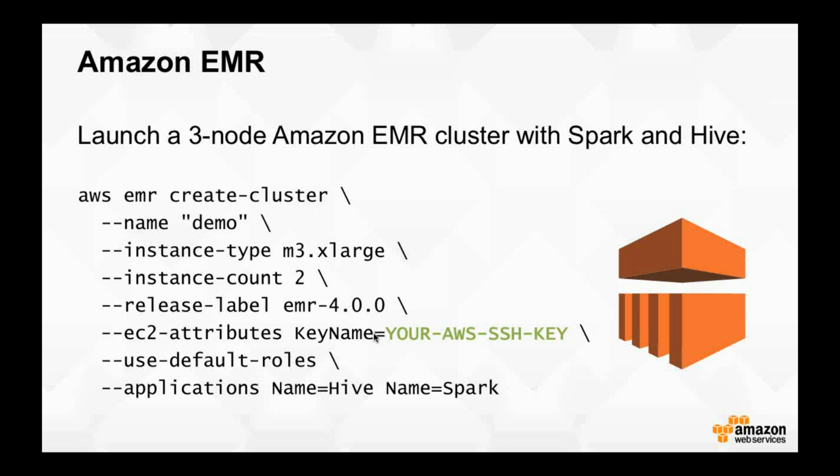So in this instance, we are going to create a two-node MapReduce cluster, and we will also be bootstrapping some programs. If you look at the command at the bottom, you can see we are installing a couple of applications called Hive and Spark. Hive and Spark are applications that run on top of Hadoop that allow you to do various things.